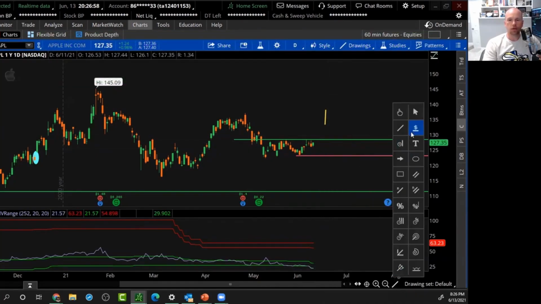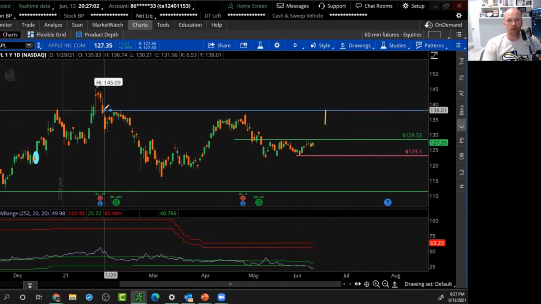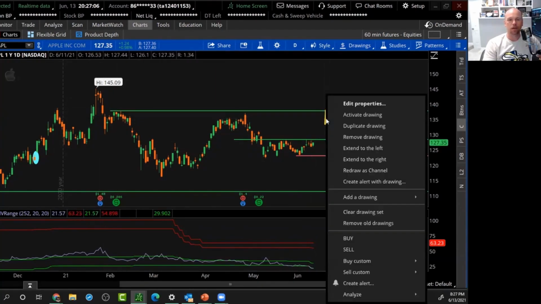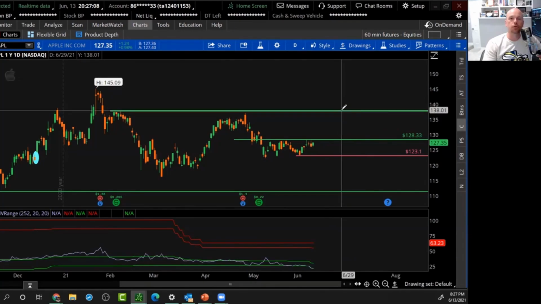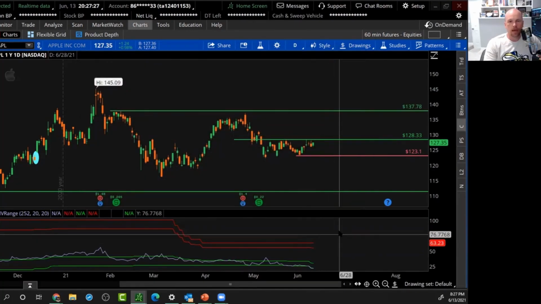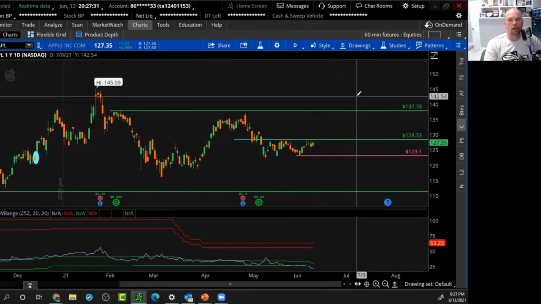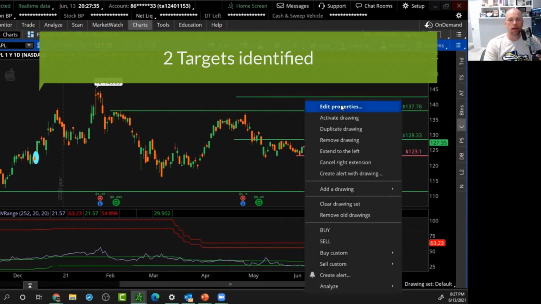But what do we think about the quality of this area of supply? I don't think it's all that great. Matter of fact, I think it's more of a resistance line up here. And so I think you've got a 2 to 1 reward to risk area right over here. So that would be target 1, and then target 2 would be this area right up in here.